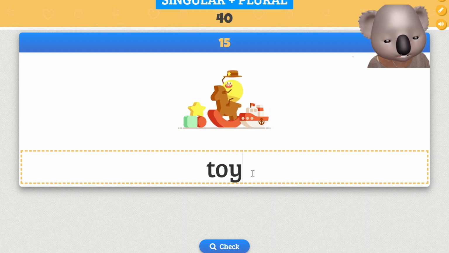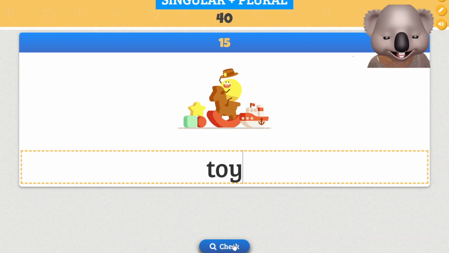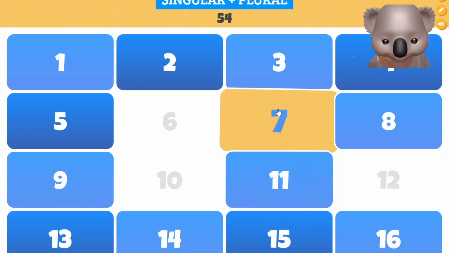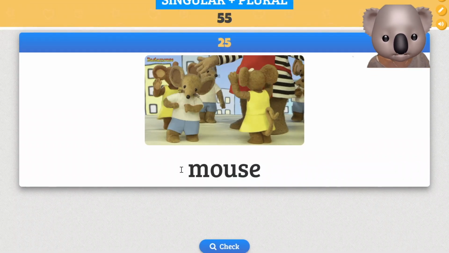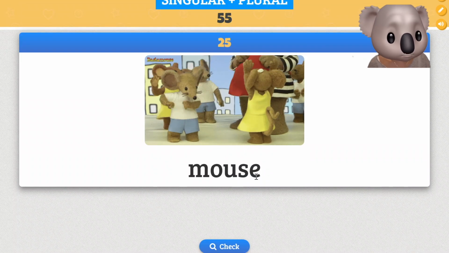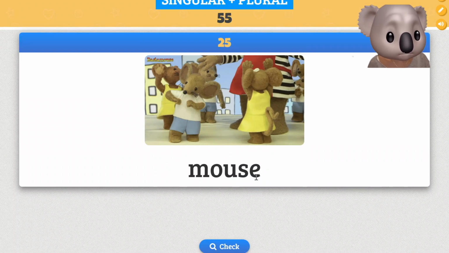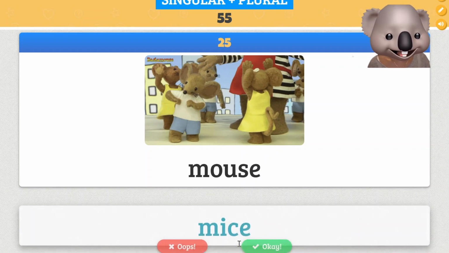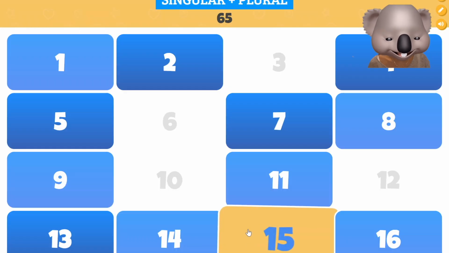This is a vowel. 그럼 간단하게 TOYS. Number 3. Mouse. This one was irregular. 규칙 없는. Mouse가 아니라 mice. Good job.